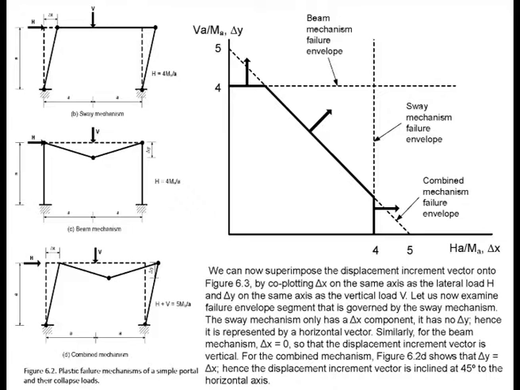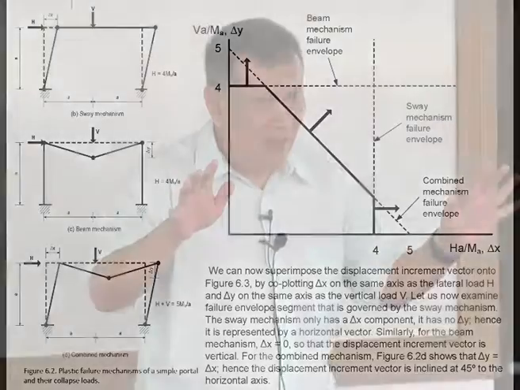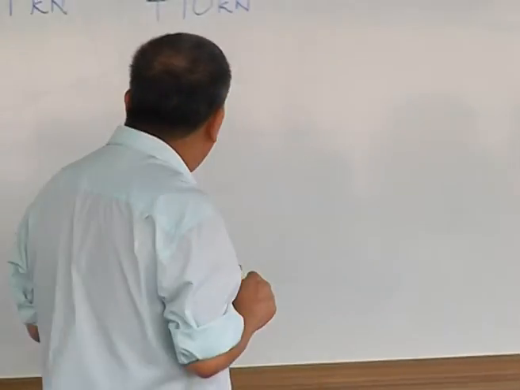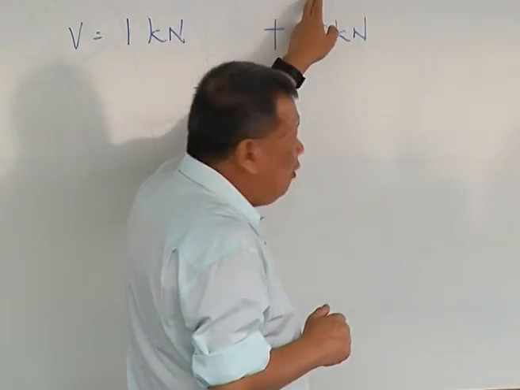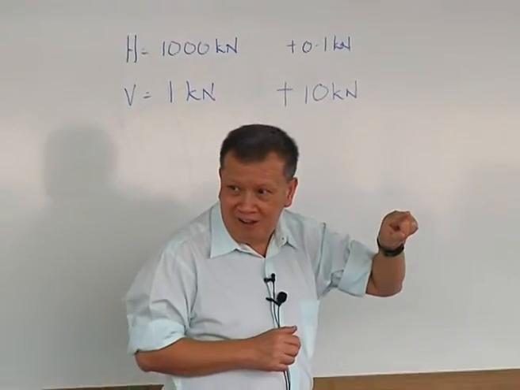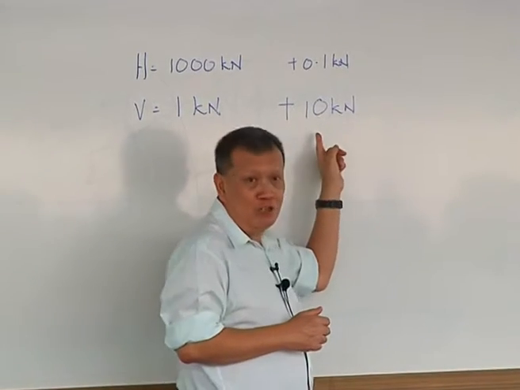The important point is this. In plastic deformation, the thing that matters is not your load increment or stress increment. In elasticity, you know that deformation increment is proportional to your load increment, that is Hooke's law. But now you have a funny situation. This 0.1 kilonewton is critical. This 10 kilonewton is non-critical.